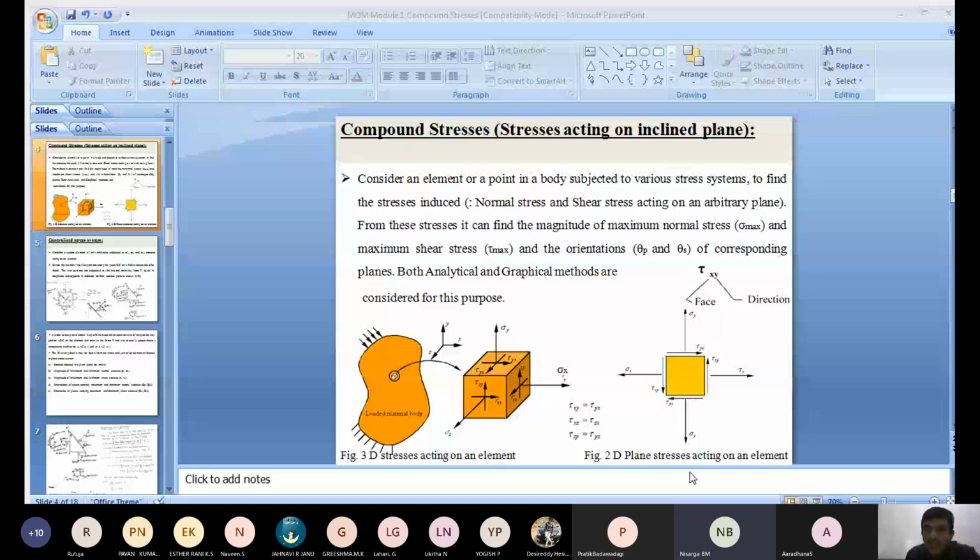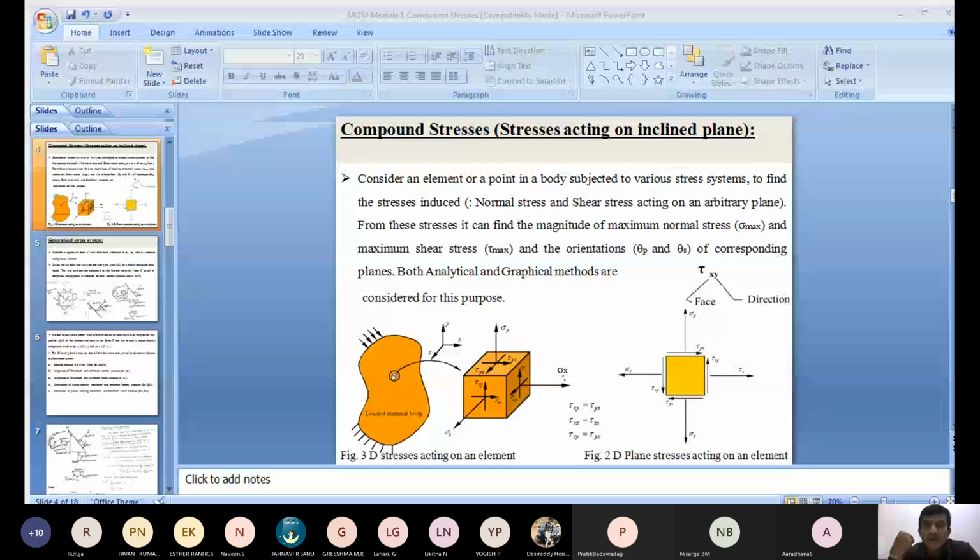What are the stresses acting on this two-dimensional element? Two normal stresses, sigma x and sigma y, and one shear stress, that is tau xy or tau yx. Both are the same. This is the complementary shear stress. In total, three stresses are acting on a two-dimensional element: sigma x, sigma y, tau xy. These stresses are called component stresses.